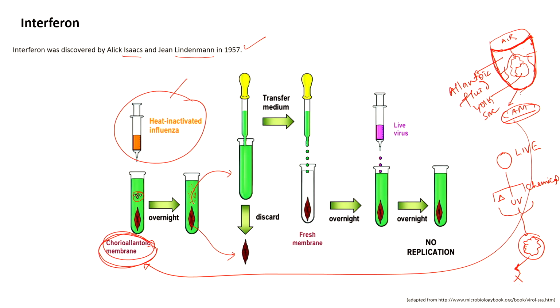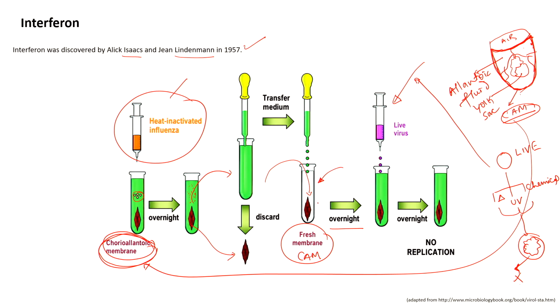Once they took the supernatant material, they freshly incubated it with a fresh chorioallantoic membrane, again incubated overnight, and on the next morning they infected with the live virus. So we expect that the virus will cause an infection, but just look into the prior exposure.